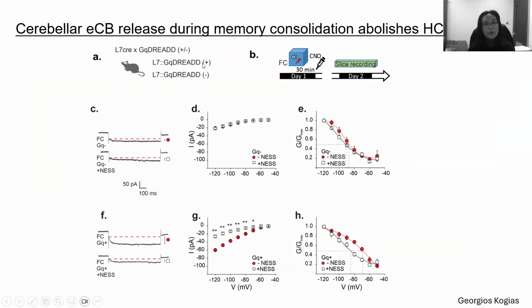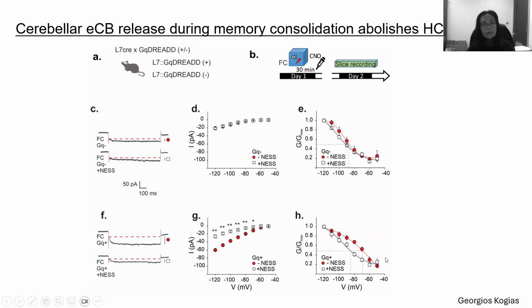Whereas in the GQ positive animals, which show impaired memory retention, instead of having suppressed IH currents, they have larger IH currents. And these currents can be inhibited by CB1 receptor antagonists, just like in the naive animals.